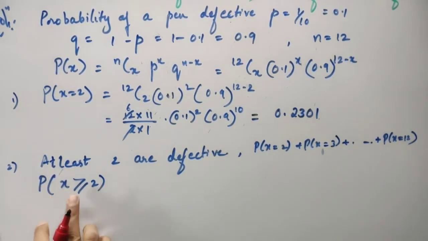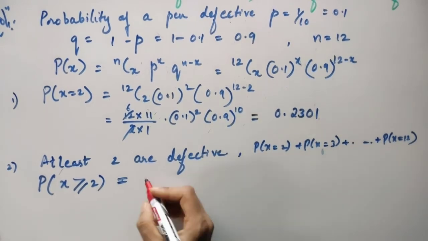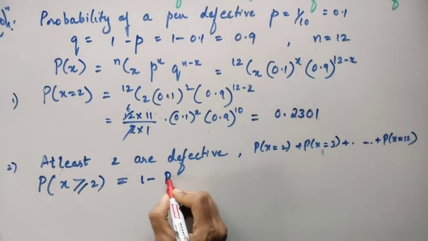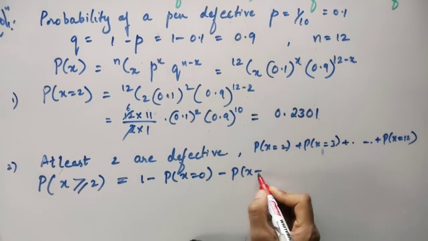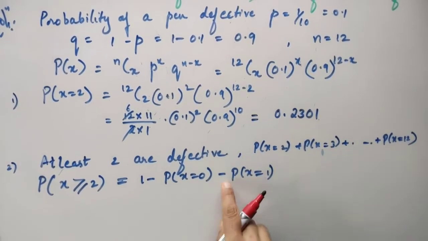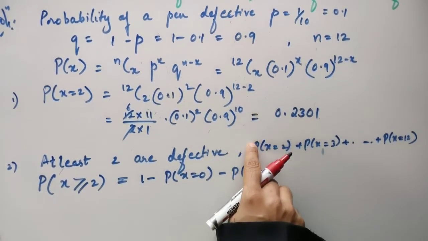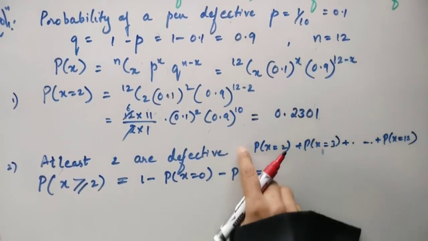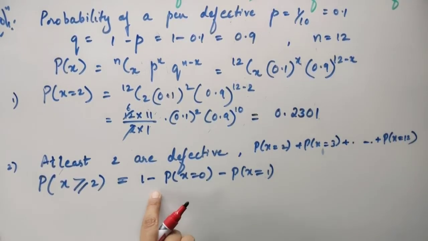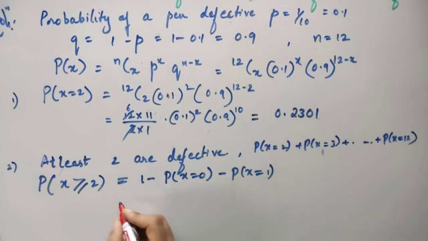Since the probabilities add up to 1, I can solve it as 1 minus P of x equal to 0 minus P of x equal to 1. So let's solve this.